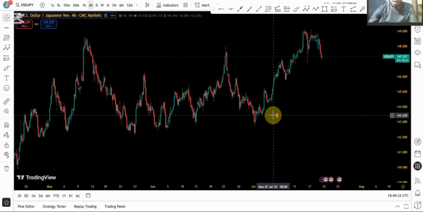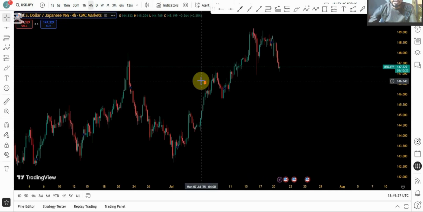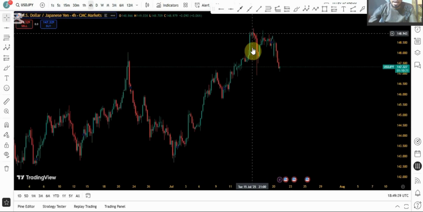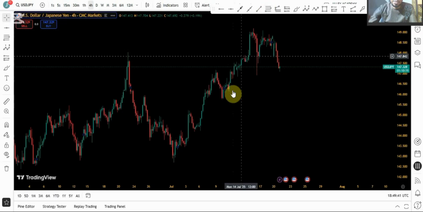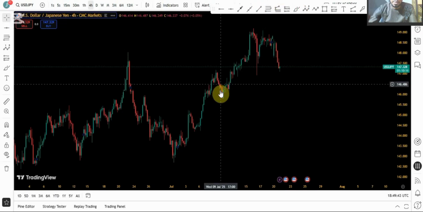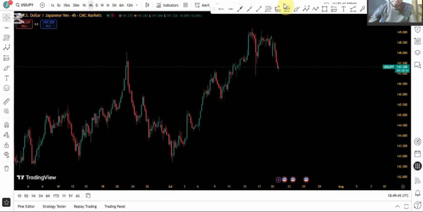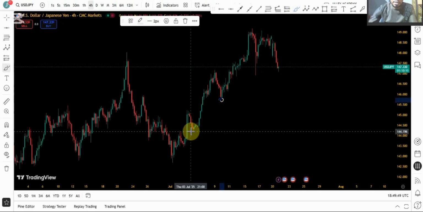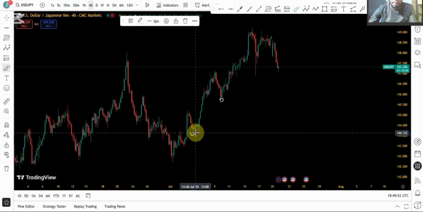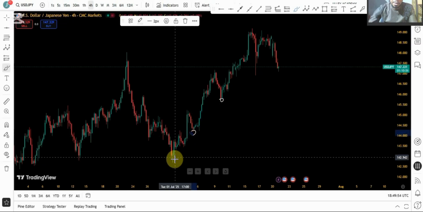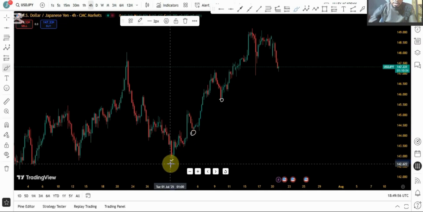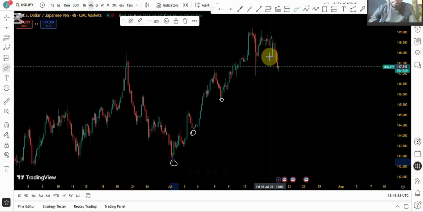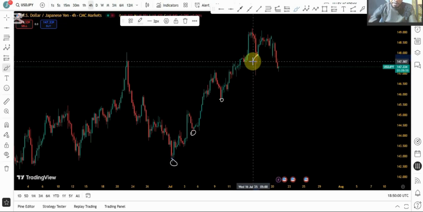From the 4 hours time frame, I point out levels in the market. I point out this level, I point out this level. It still works almost like support and resistance, but it's quite different from support and resistance.